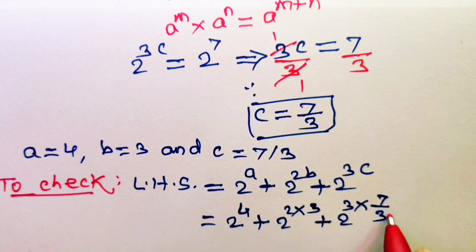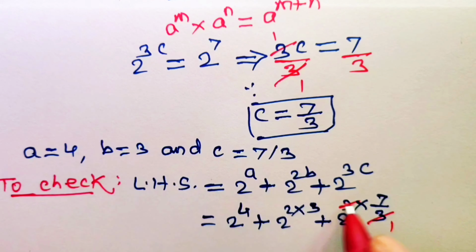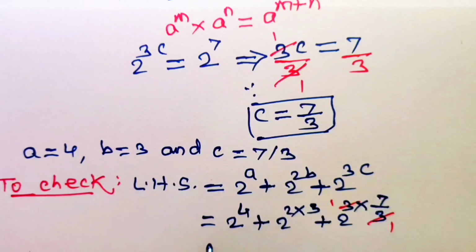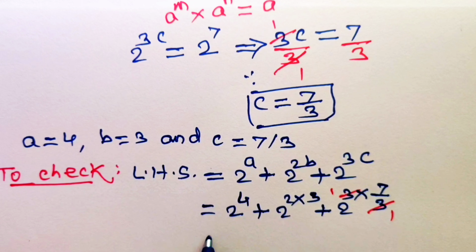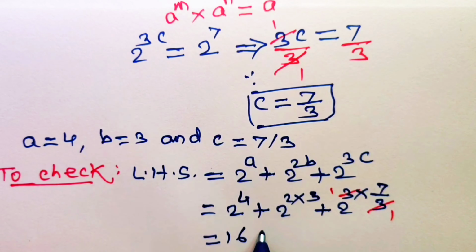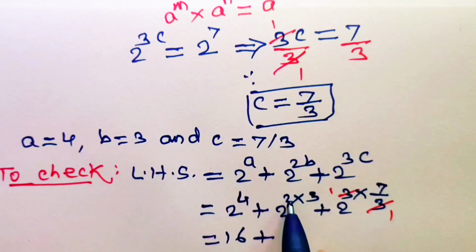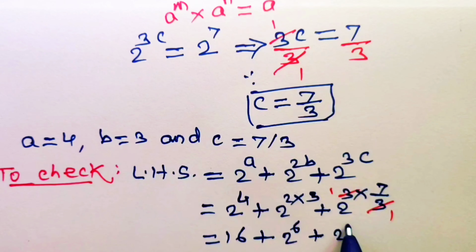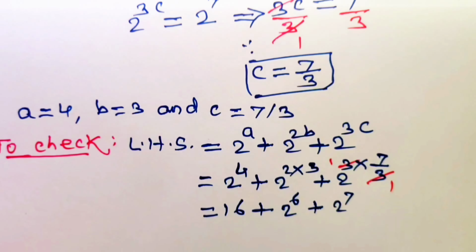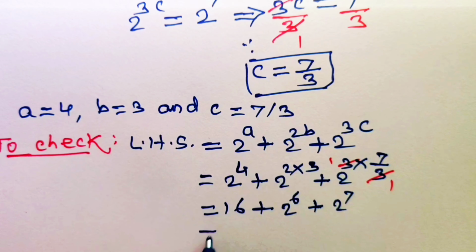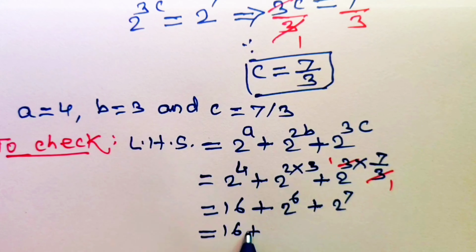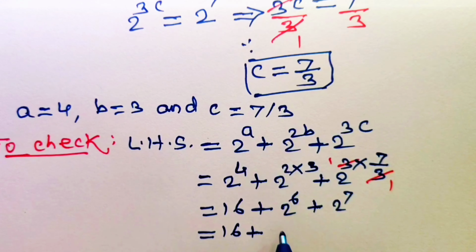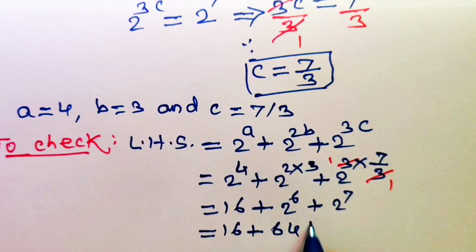Here, this 3 cancels with this 3. Hence, 2 to the power 4 is equal to 16, this 2 to the power 2 into 3, that is 2 to the power 6, plus 2 to the power 7.